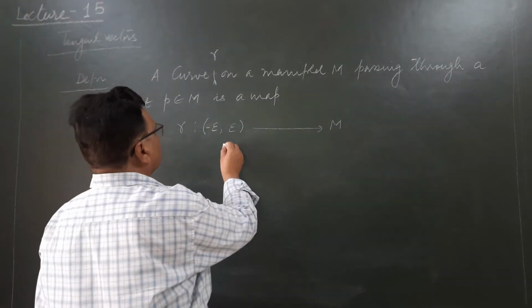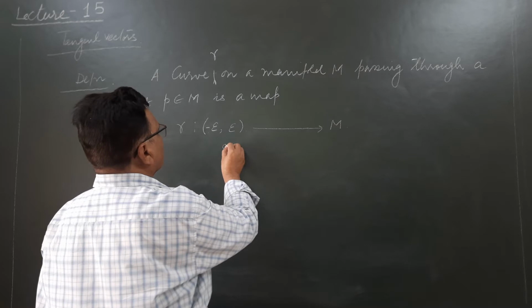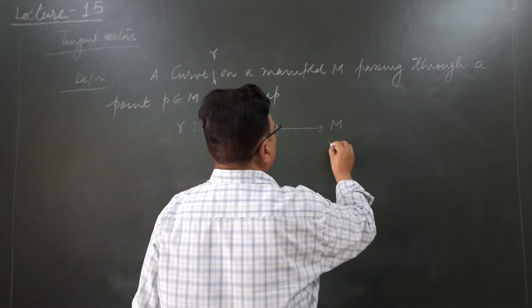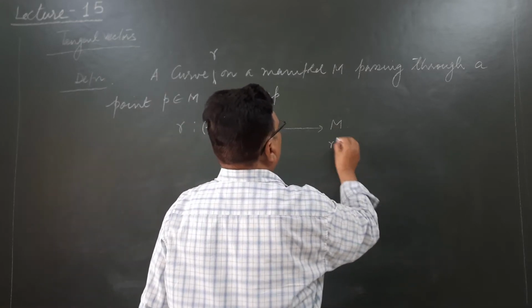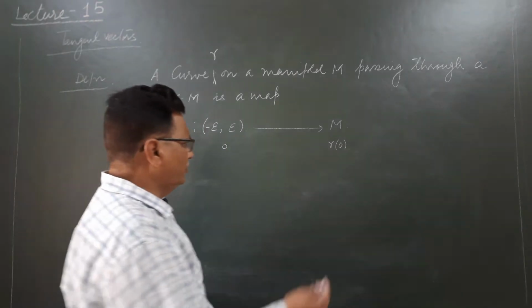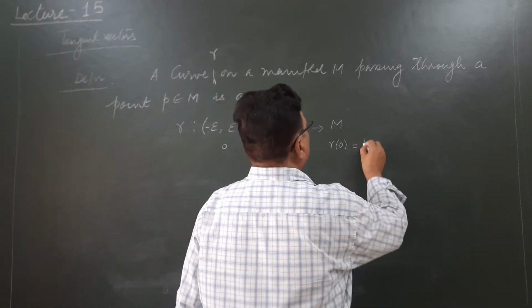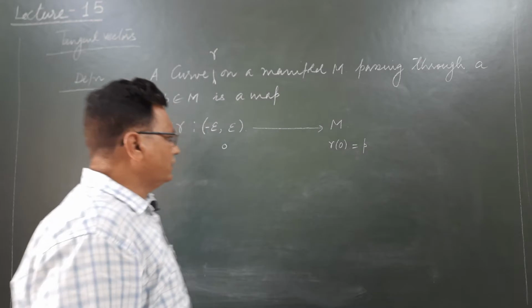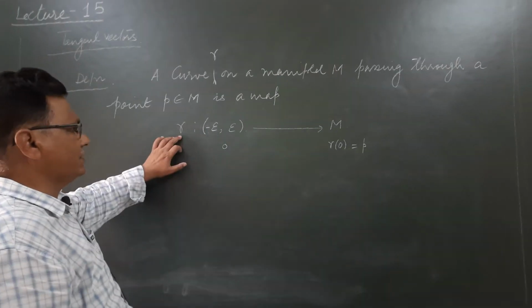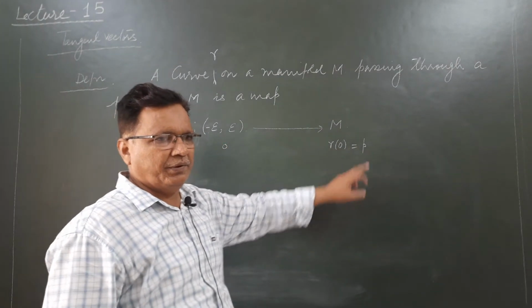So if I choose a point over here, say 0, then gamma 0 will be a point in M. You may call it P. Okay. If this is the situation, I will say gamma is a curve passing through point P of M.